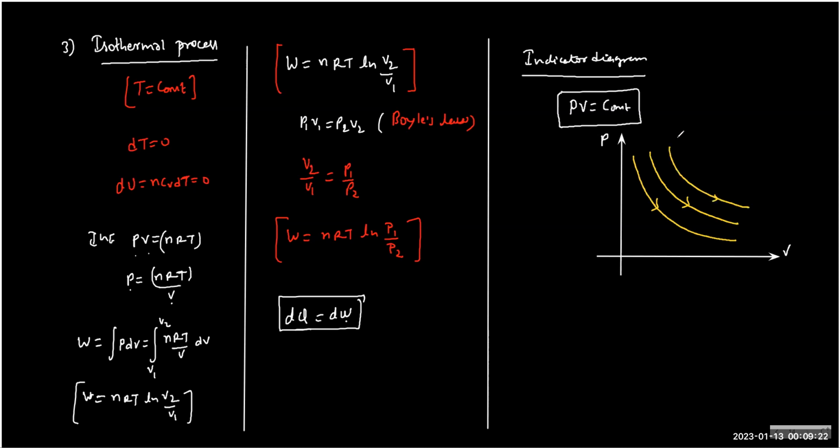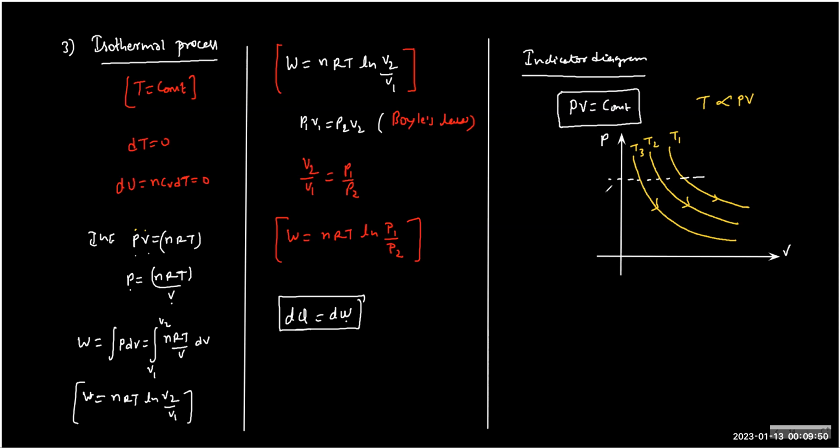So can you guess which temperature is higher? And how are you going to guess? Temperature is proportional to the product PV, right? Say T1, T2, T3. So which one is biggest? T1. Very good.